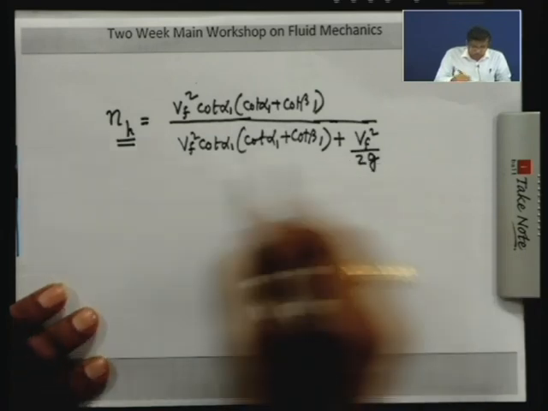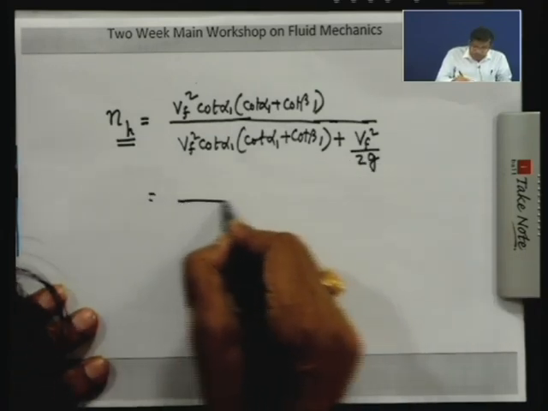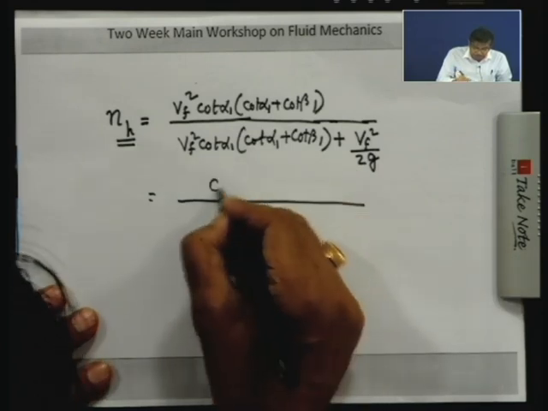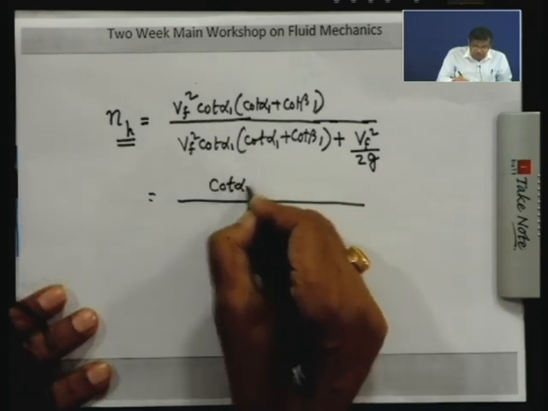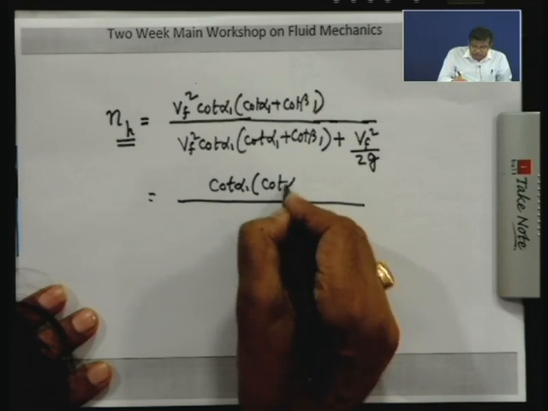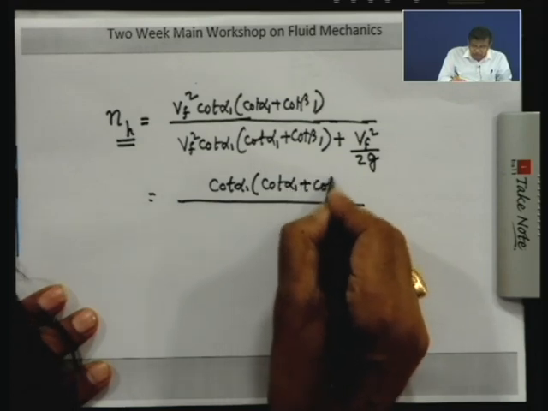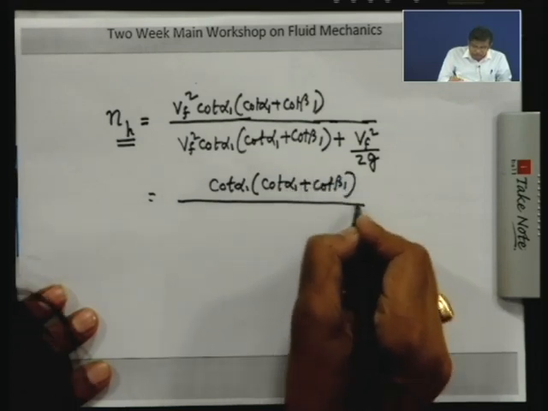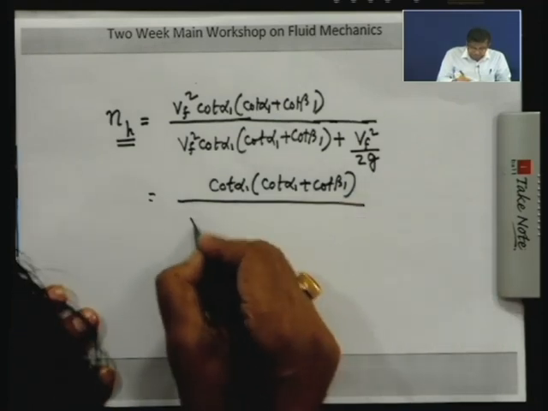because this is the exit from the runner. So now if you do it, you get an expression: Vf square will be cancelled out, cot alpha 1 plus cot beta 1 divided by this thing is the Vf square, Vf is cancelled out.